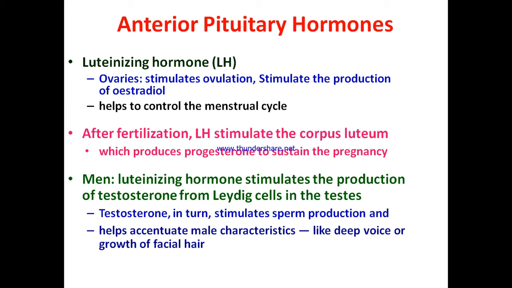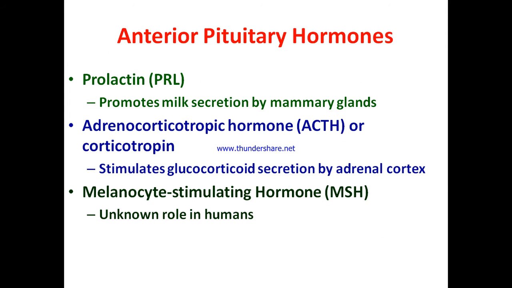In men, luteinizing hormone stimulates the production of testosterone from Leydig cells in the testes. Testosterone, in turn, stimulates sperm production and helps to accentuate male characteristics like a deep voice or growth of facial hair. Prolactin promotes milk secretion by the mammary glands in mothers.